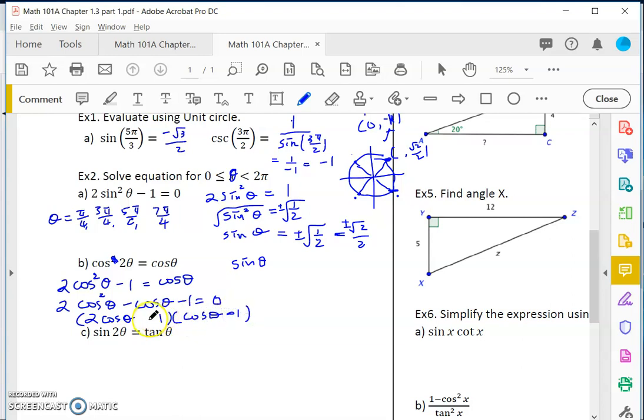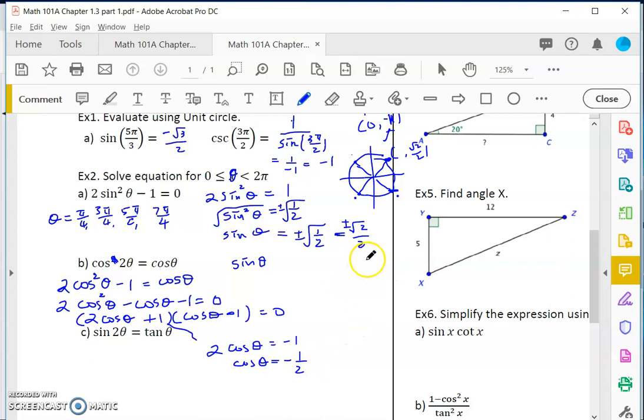This is a minus 1. This is a plus 1, because after that you have a negative cosine theta. And then equal to 0. And then we split it into 2. So this would be 2 cosine theta equal to negative 1, meaning cosine theta equal to negative 1/2.